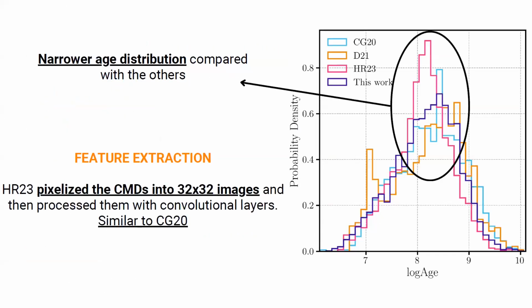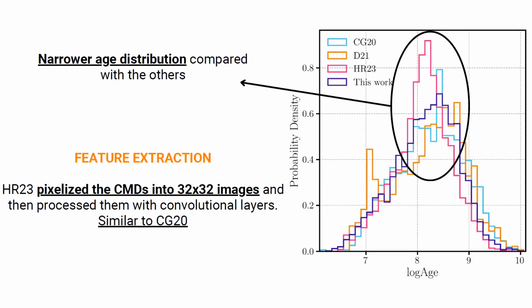Another thing you can clearly notice is that Emily Hunt produced a narrower distribution of age. After close investigation, this is only due to the feature extraction method that they use to feed the neural network. They compute an image and then feed it to a convolutional neural network.